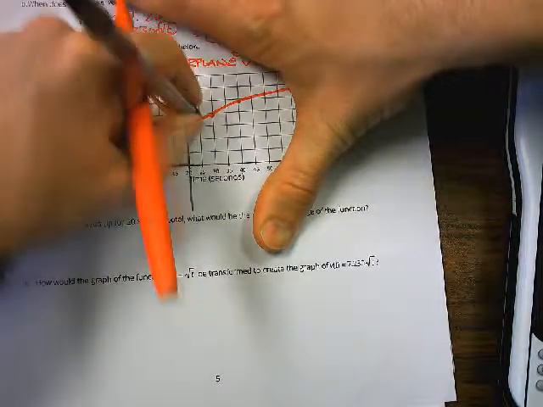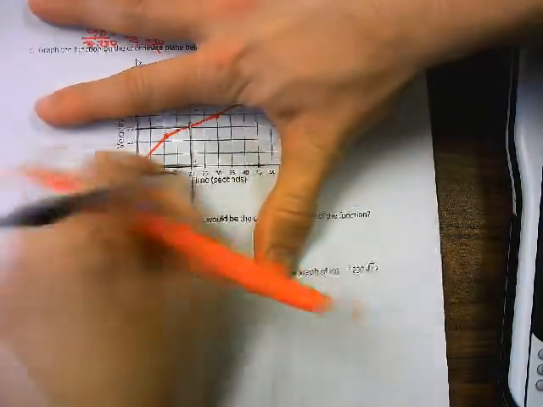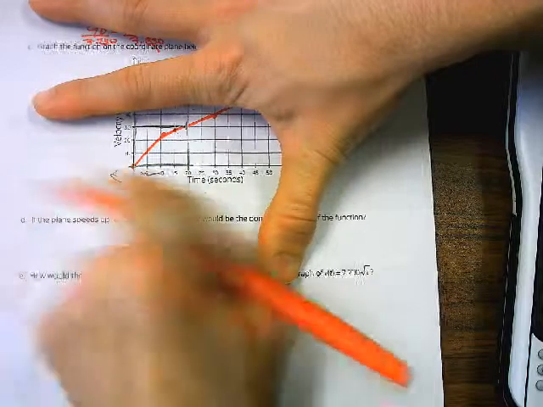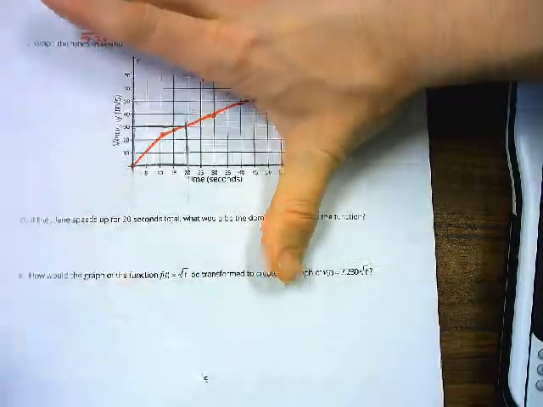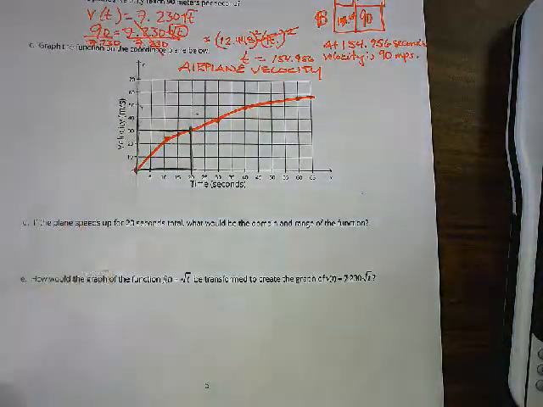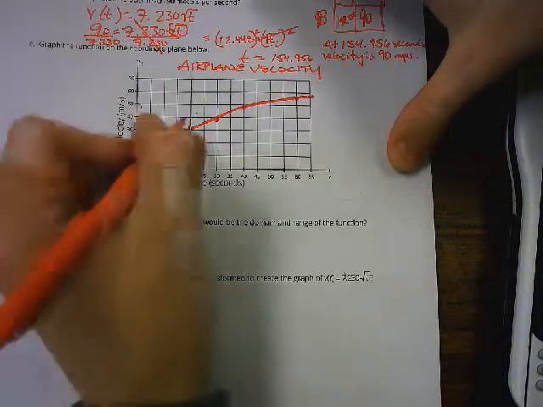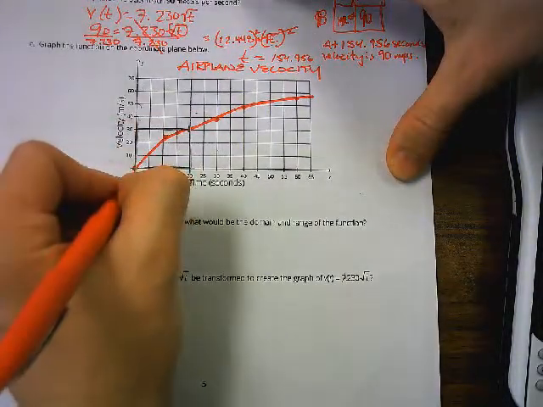And we're going to look at the domain and range. Alright, so the domain is right here. That's pretty straightforward on the x-axis. The domain goes from 0 to 20.